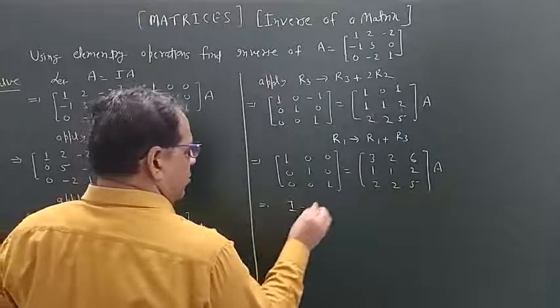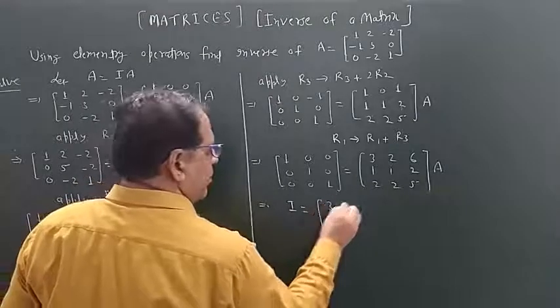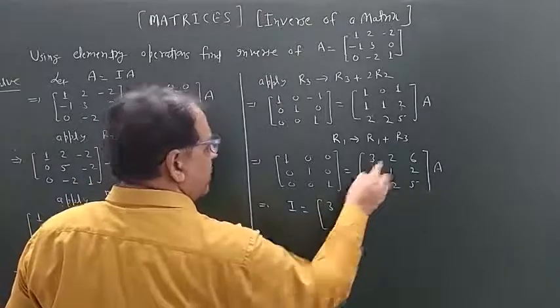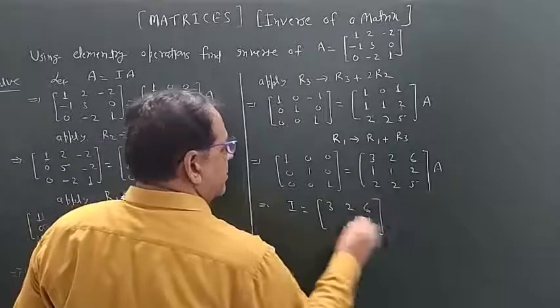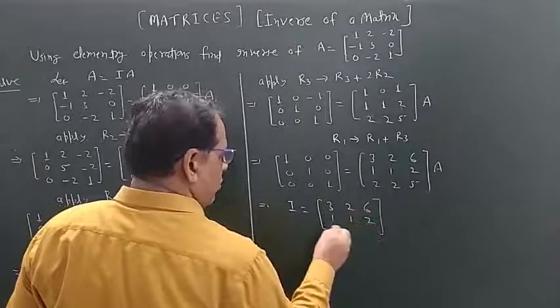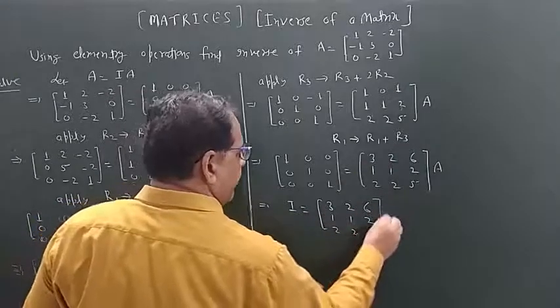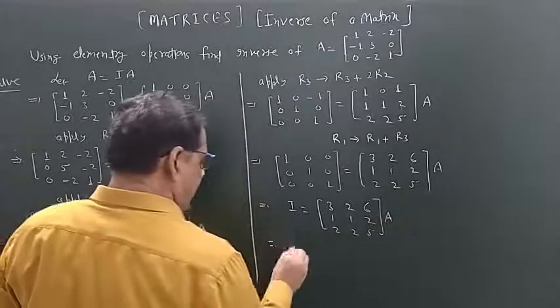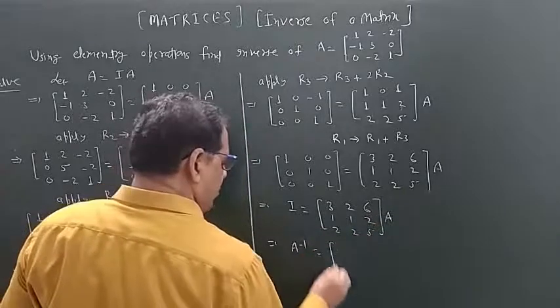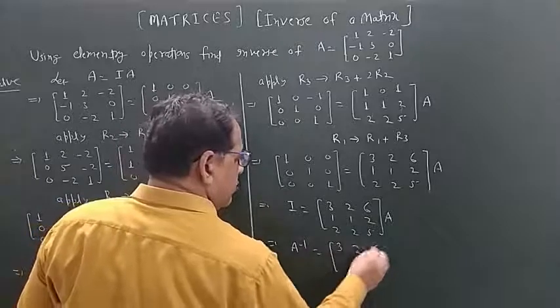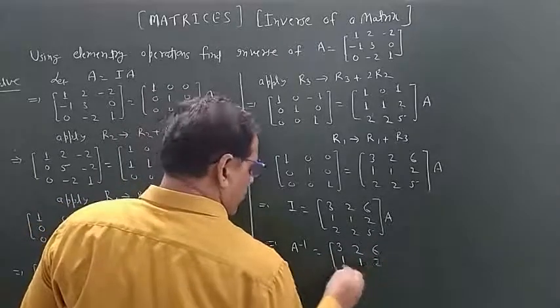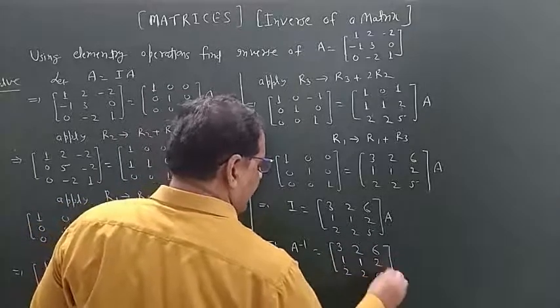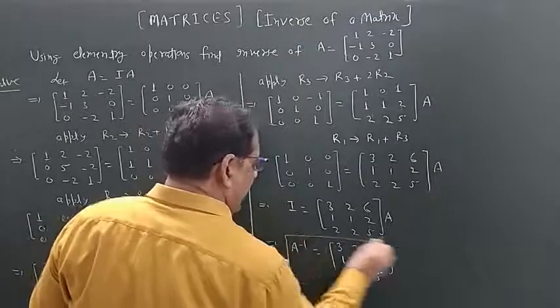So I equal to this matrix 3 2 6 1 1 2 2 2 5 A. So finally we have A inverse equal to 3 2 6 1 1 2 2 2 5. So this is the inverse of a given matrix.